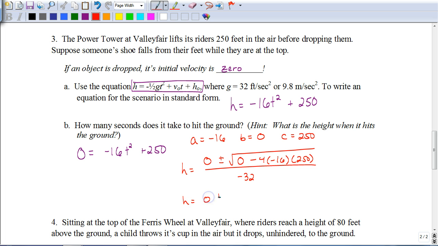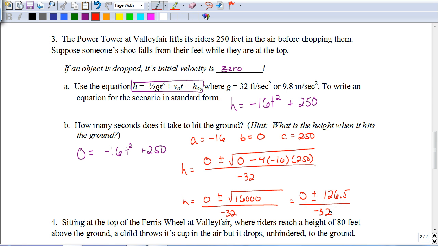So when you do this on your calculators, when we type in negative 4 times negative 16 times 250, you get 16,000. And when we take the square root of 16,000, approximately 126.5. So right now we would have 0 plus or minus 126.5, all divided by negative 32.